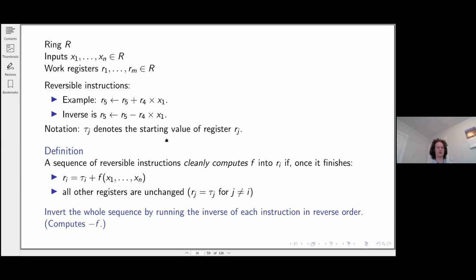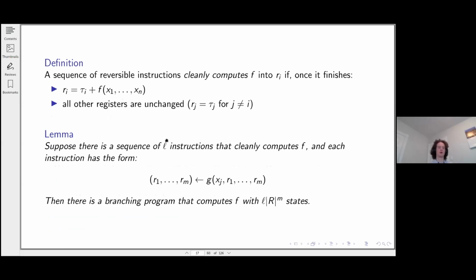So we like this definition for two reasons. The first reason is that this notion of clean computation makes it easy to design algorithms that are able to make use of borrowed memory. And I'll show you what I mean by that later. The other reason we like this model is that we can convert any sequence of reversible instructions into a branching program.